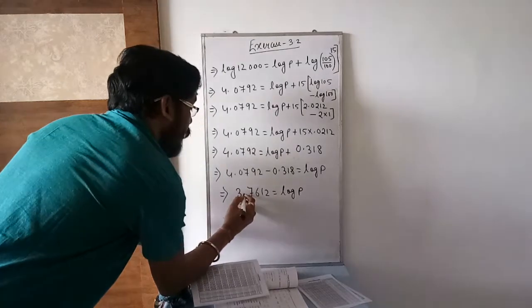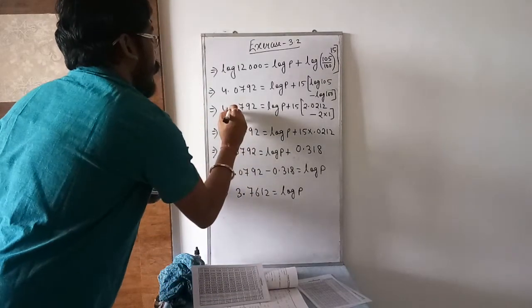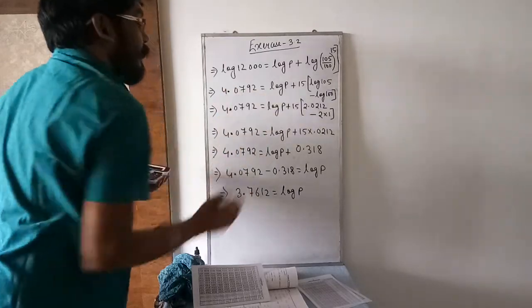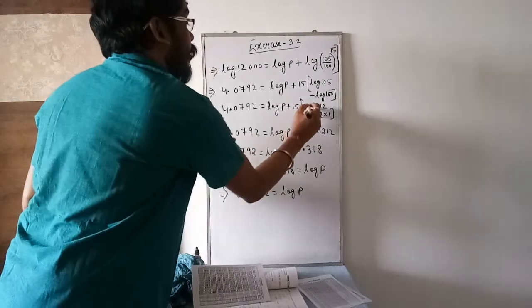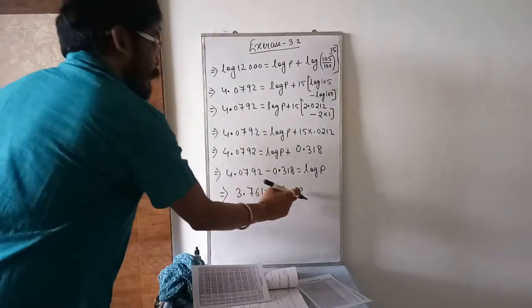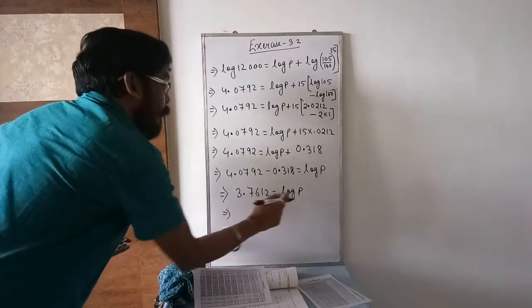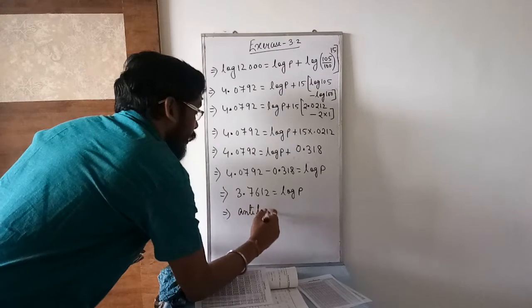I have to find this point. I am writing the decimal point a little big so that it becomes clear when you see the video. So I have to find the value of P. From P, if log is removed, it will come as anti-log, which I have said earlier.